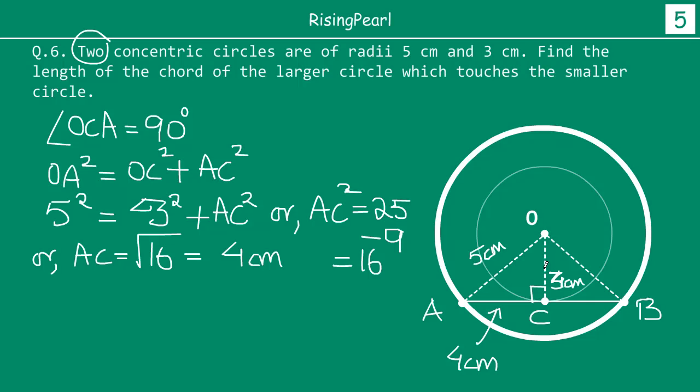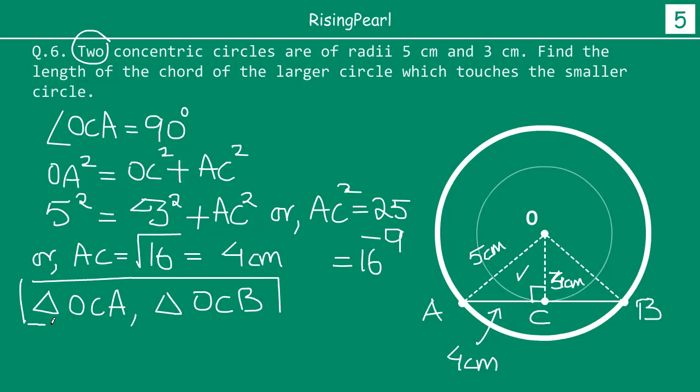Now if we look at these 2 triangles, triangle OCA and triangle OCB, we can prove that they are congruent.